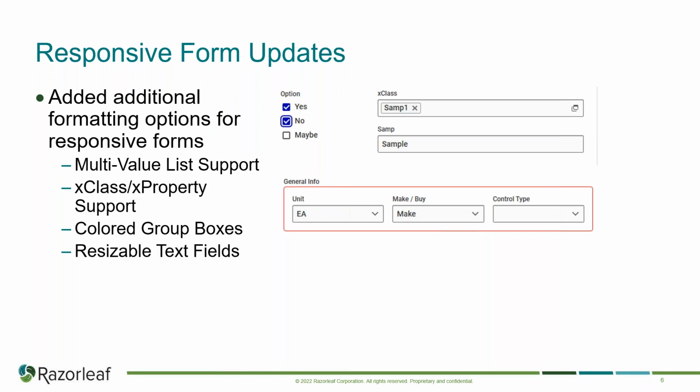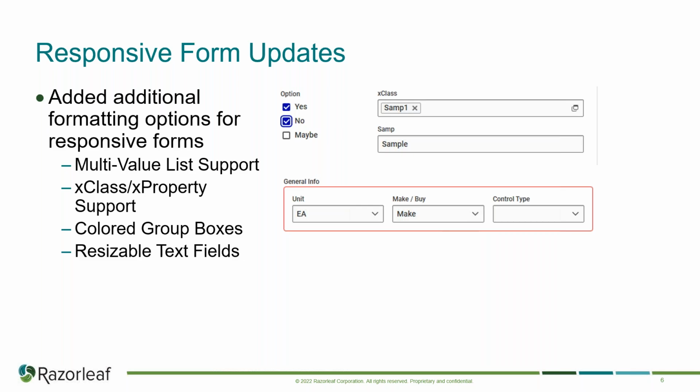I just had a simple classification structure here, but once I select my classification, it's going to drop down or add more fields to support all the X properties within that X classification, and allow that tree to grow and flex with that responsive size as responsive forms provide to you.